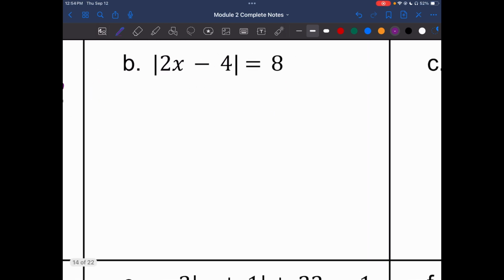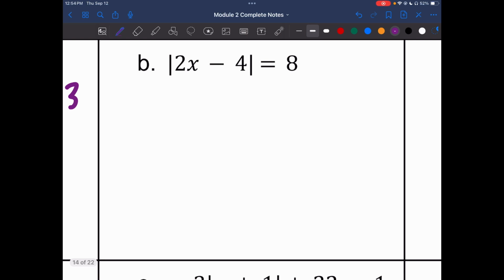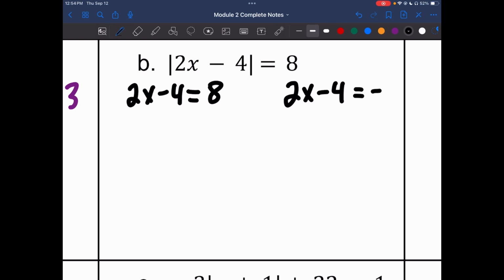Now, letter B, we have the absolute value of 2x minus 4 is equal to 8. My absolute value is already isolated. There's nothing else on the left side of my equation other than the absolute value. This is the time that we are allowed to split these. So you have 2x minus 4 is equal to 8, and you have 2x minus 4 is equal to negative 8.